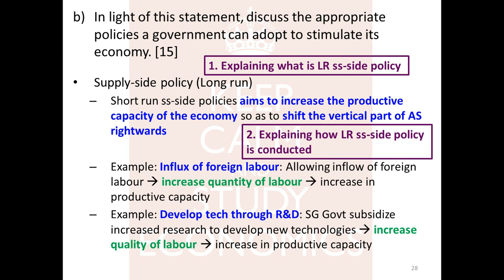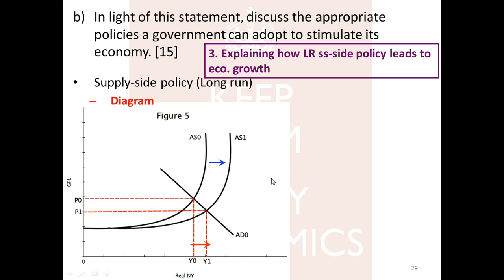These technologies, they allow our labor workforce to produce more with the same amount of resources. Therefore, there will be an increase in productive capacity. Okay, diagram. This is a rightward shift of the vertical part of AS.